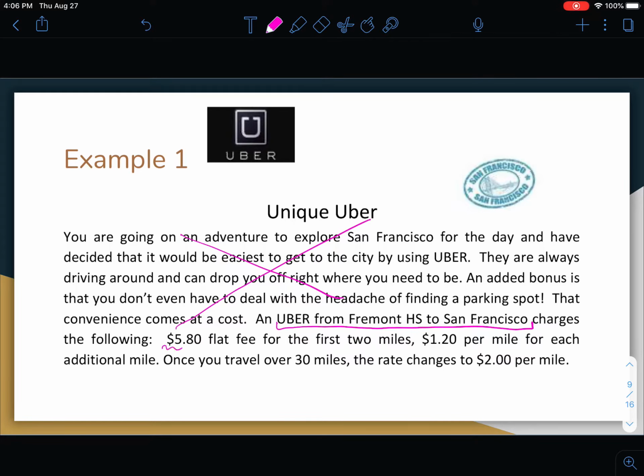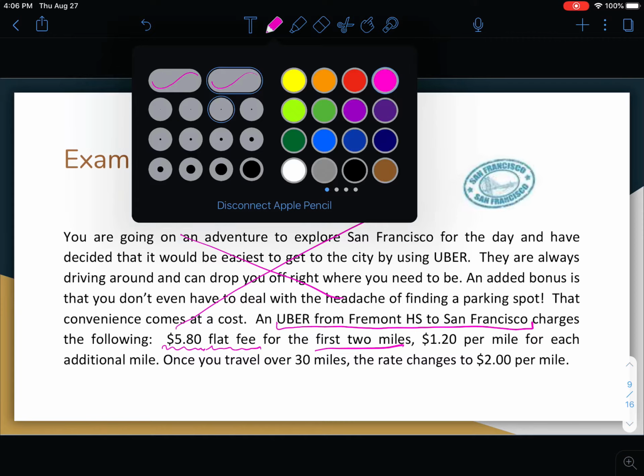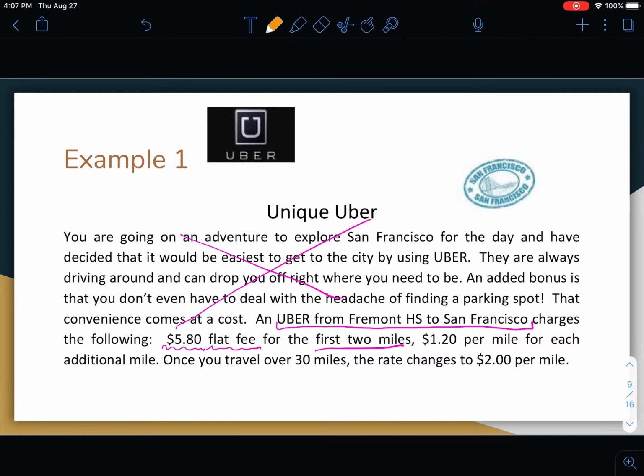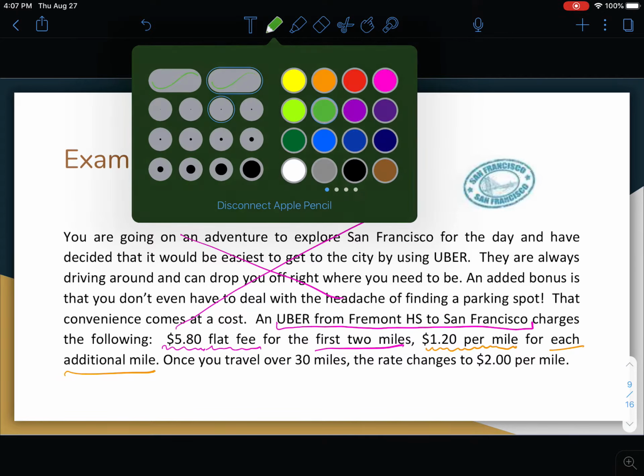There is a $5.80 flat fee for the first 2 miles. And this is fictitious, so I don't know what the actual information is. So this is our unique Uber. We have $1.20 per mile for each additional mile. So note that you've already traveled 2 miles. Once you go over 2 miles, you get this new fee.